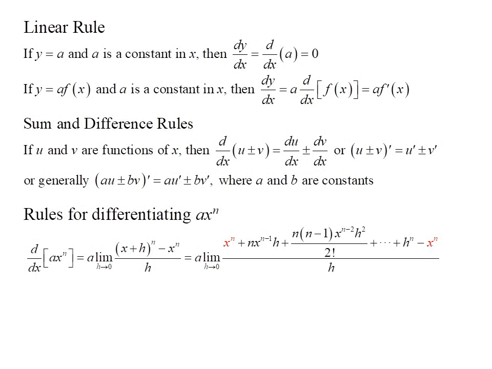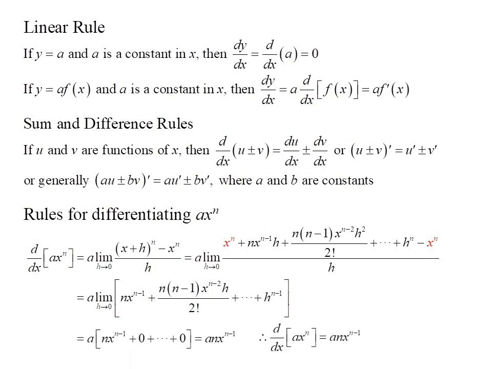After expanding (x+h)^n using the binomial expansion formula, the term x^n shown in red is cancelled. Then, after being simplified and substituting 0 for h, its derivative is anx^(n-1).